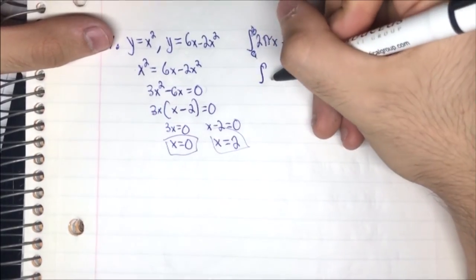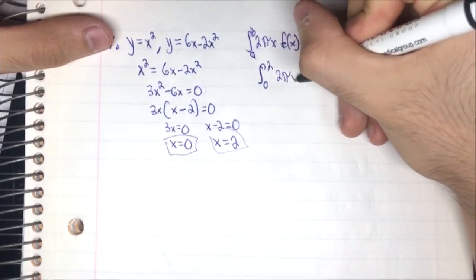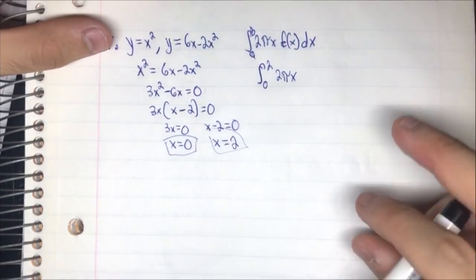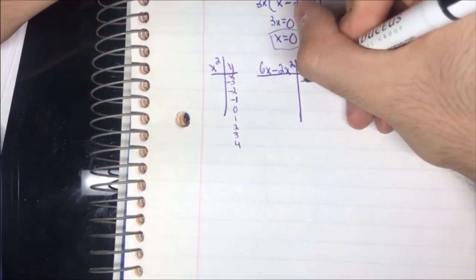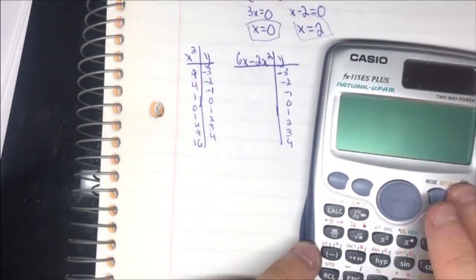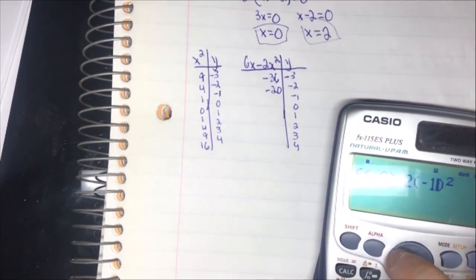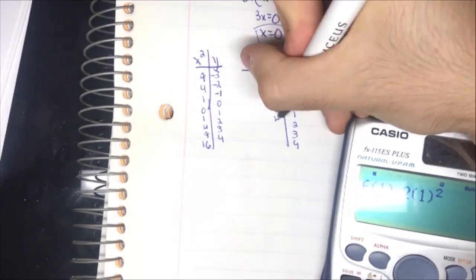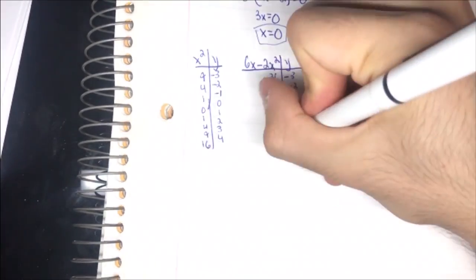Alright, so now we know our a and b, that's 0 and 2, and then we have 2 pi x, and then the f of x. Now we're going to have to graph this part. Alright, and now we have to graph it.